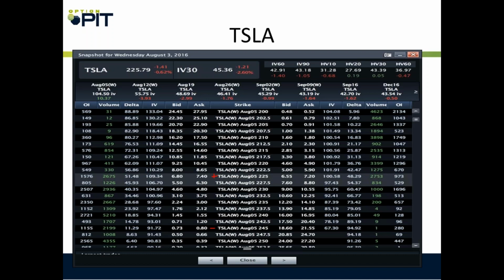Now what if I bought this spread instead? 150 versus 710. Now I paid $5.60.